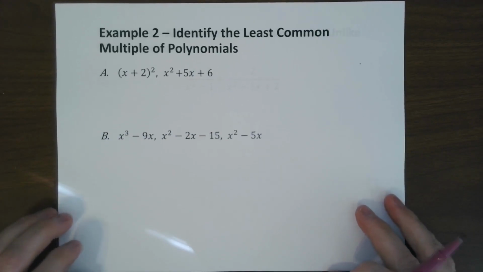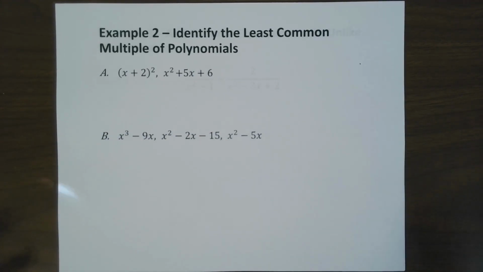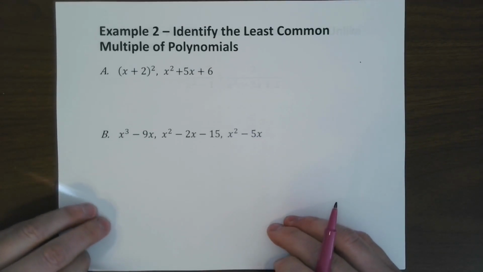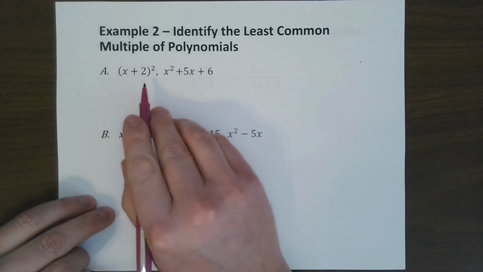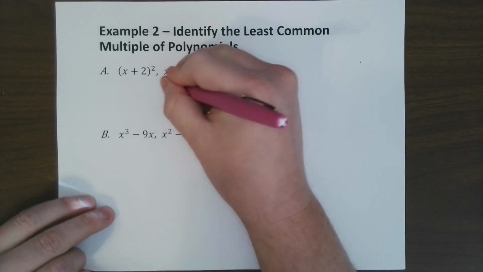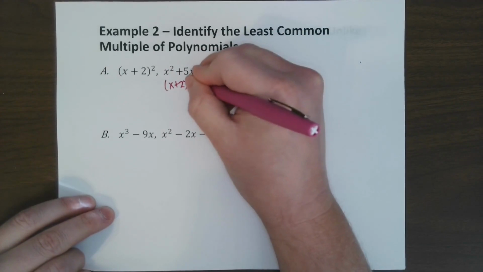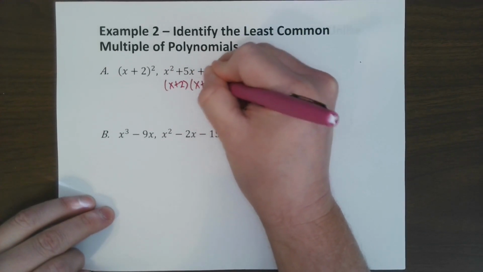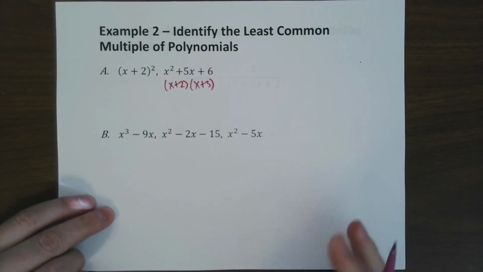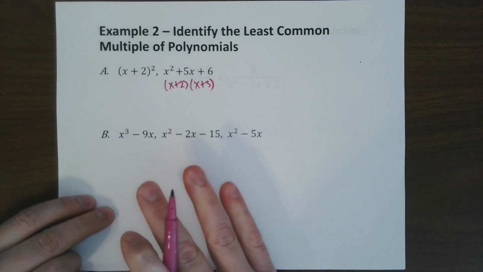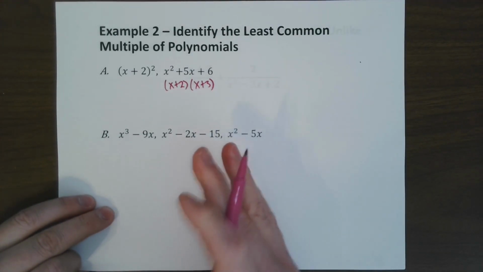Now, how can we identify the least common multiple if, for example, they do not have anything in common? If it's not a common denominator, we have to find the common denominator. Well, this one's already factored, so we're going to factor this one, which will be x plus 2 and x plus 3. Now, the way this works is whatever they have in common and not in common.